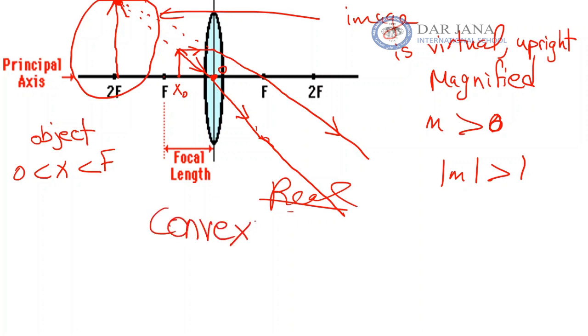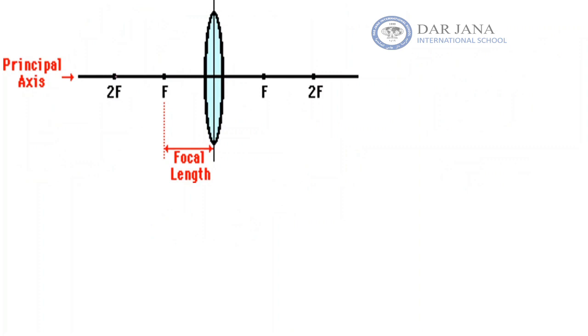We have two special cases. If the object is at 2F exactly, so XO equal to 2F. Let's take a parallel ray. It will go to F. And let's take a ray through the optical center. It will continue. It should be real, not virtual.